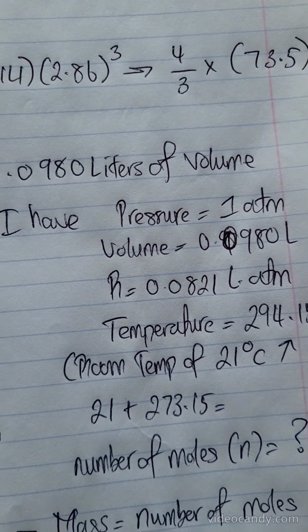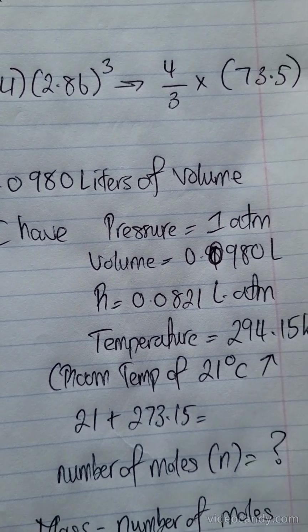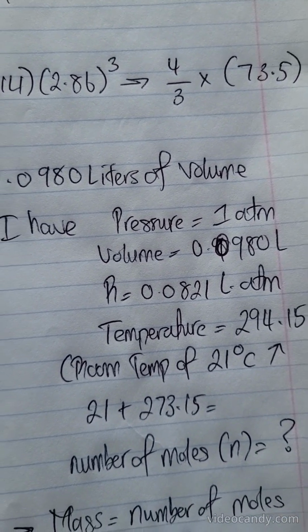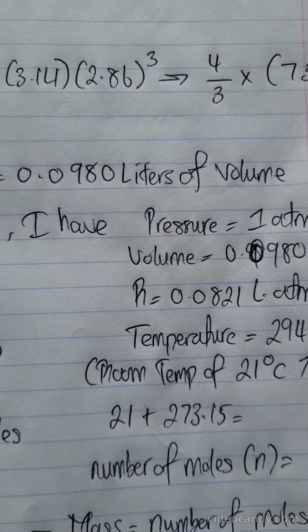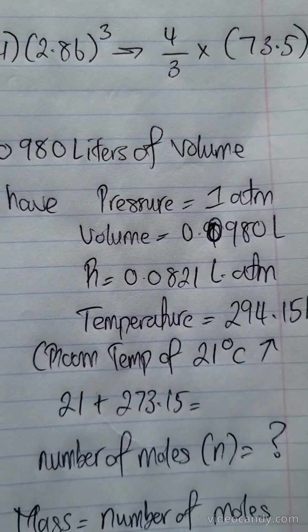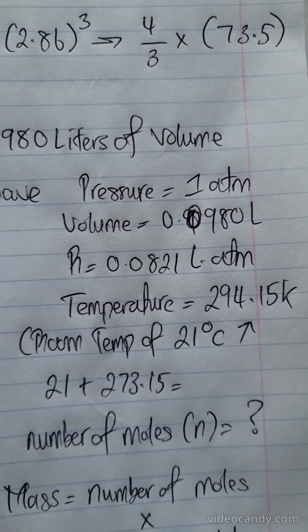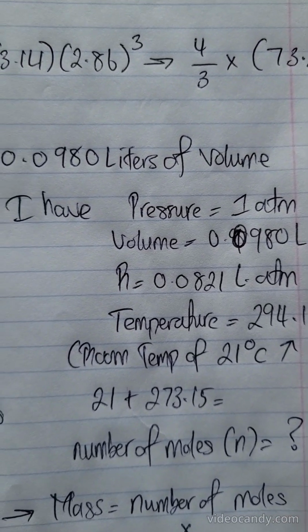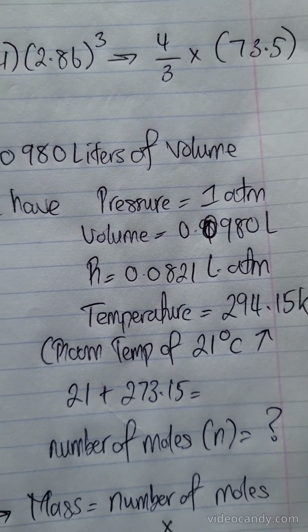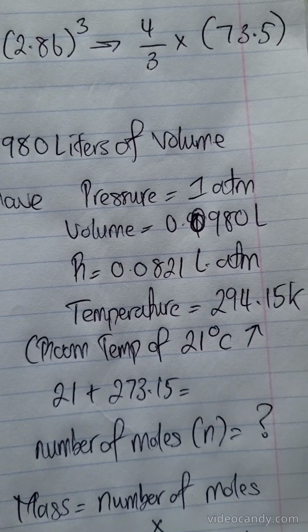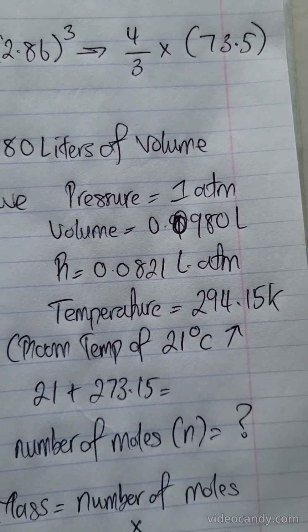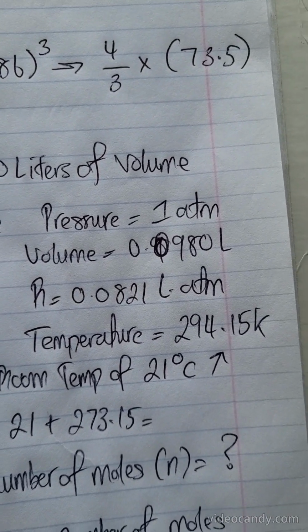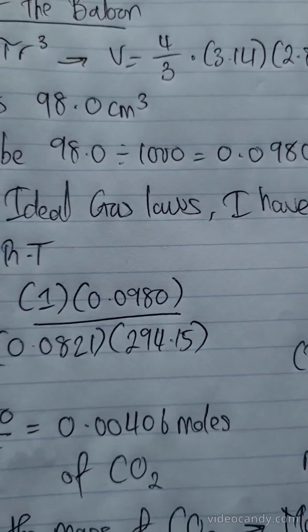This usually changes depending on how you use it, but in this case our pressure is in atmospheres and our volume is in liters, which is why we're using the constant of 0.0821. For the temperature, I used the room temperature of my home, which was about 21 degrees Celsius, plus 273.15, which gave me a temperature of 294.15 Kelvin.